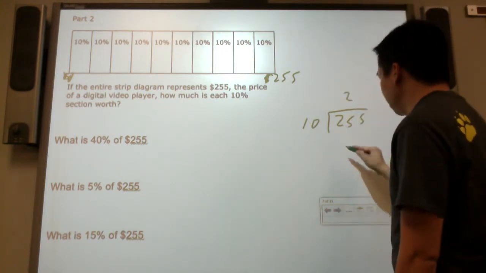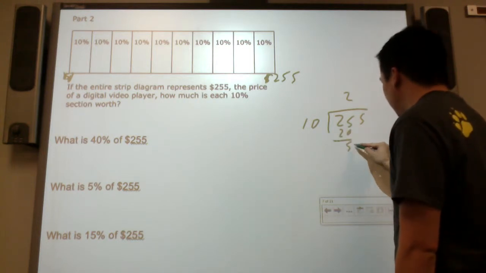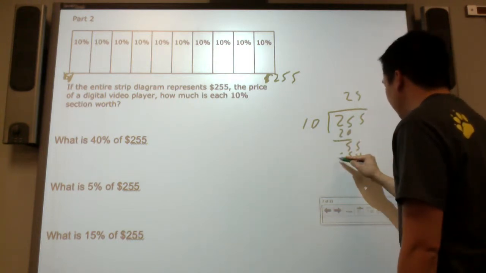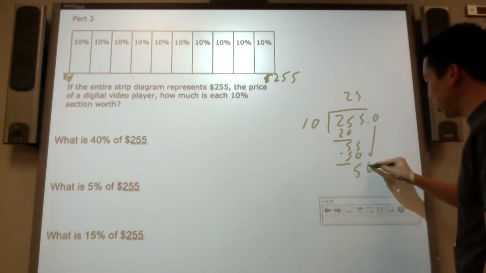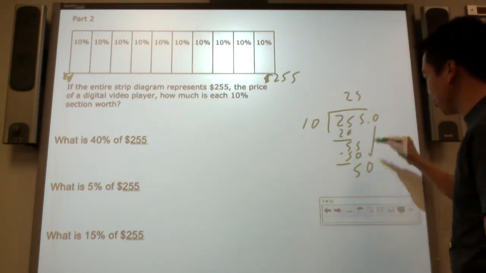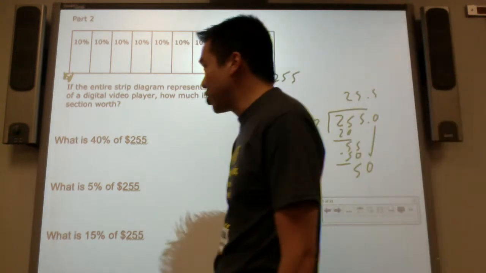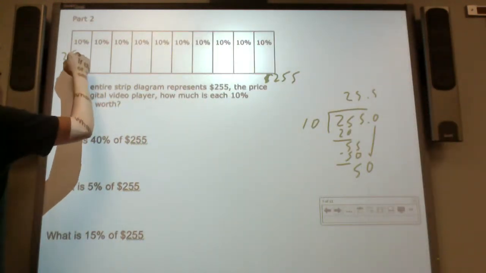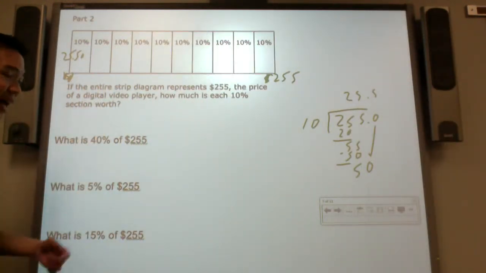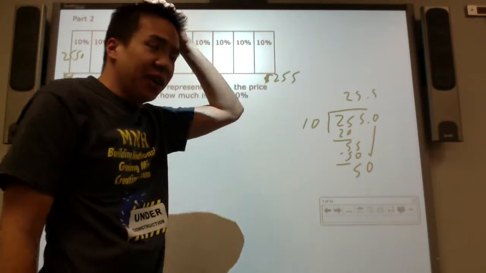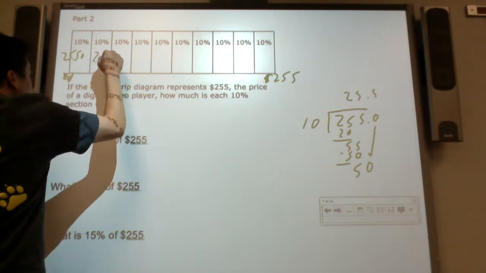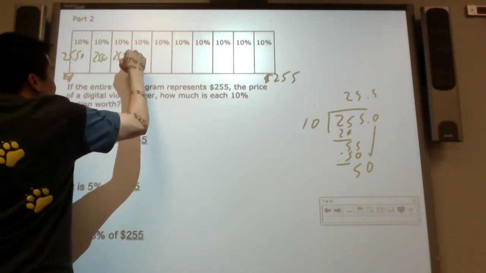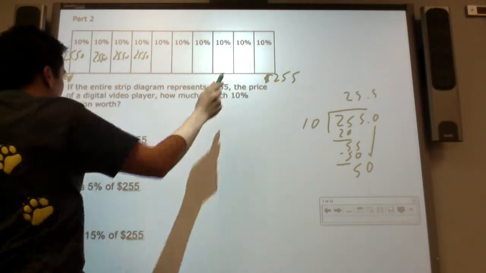It goes in 2, it goes in 5. How do I get rid of this remainder? Add a 0.0, because I don't want to change this value. It goes in 5 times. So each section is worth $25.50. I would have done that in my brain: I break $255 into 10 sections, and it'll be $25.50, $25.50, $25.50, and so on.